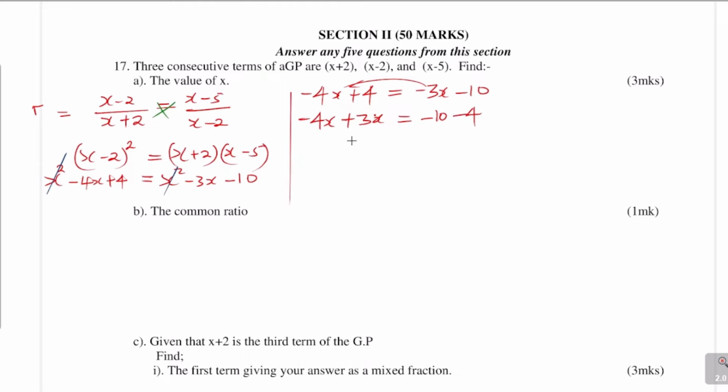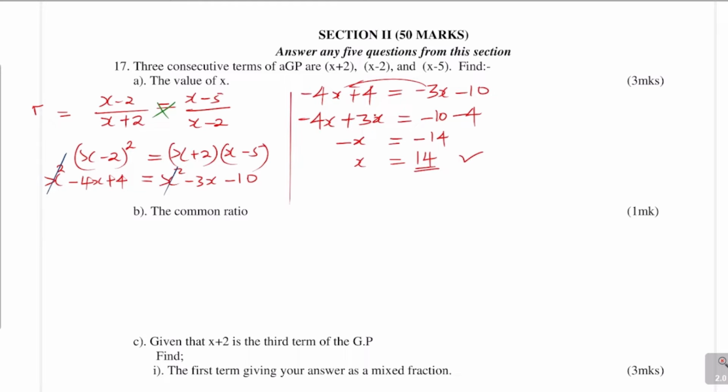So this gives negative 4x plus 3x, you get negative x is equals to negative 10 minus 4, that will give negative 14. So dividing both sides by negative 1, you get x is equivalent to 14. And that is the solution.